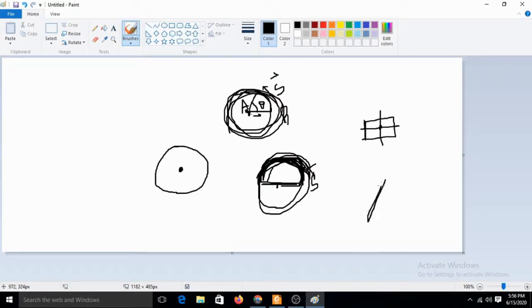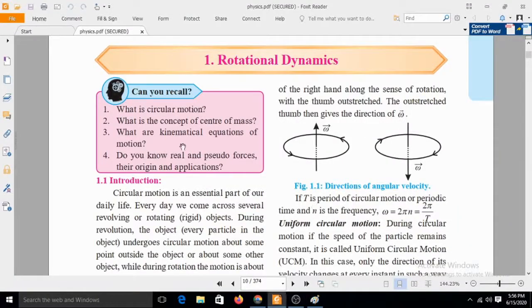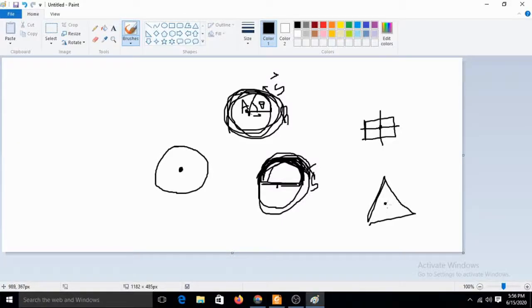Then if you take a triangle object, again it is concentrated in the middle of the body. Now this was the concept. That means the mean position, you can say. If someone asks you the definition, simply, the center of mass is the mean position of the object, or the average of the masses of all the particles in a substance.